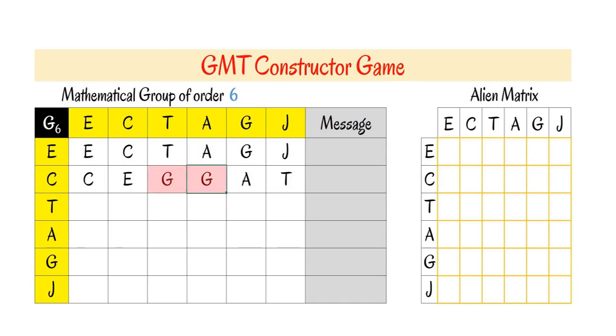Immediately you see that there is a change of color. Adjacently there are two elements, both are the same, and that is against the laws of a group multiplication table, and you have to correct it. So this way this program will notify you if you have made any mistake. So I am going back, changing G to J, then it's fine.